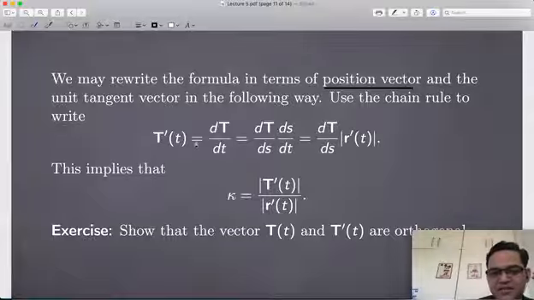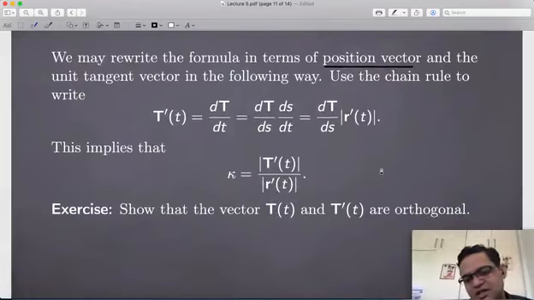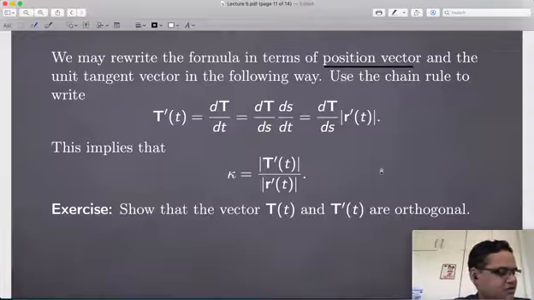So kappa can be written in terms of the modulus, because you have to take the magnitude of T prime, and then modulus of r prime is in the denominator. Here you have to assume that this is non-zero, otherwise it doesn't make sense. Whenever I write this and don't write that, assume that r prime t is not equal to 0; that should be understood from the context.